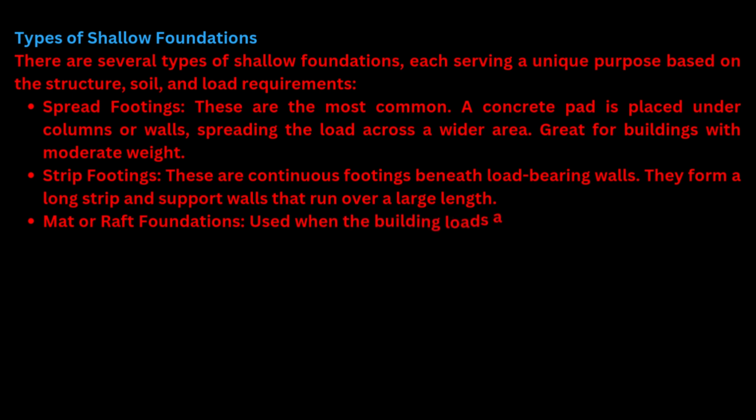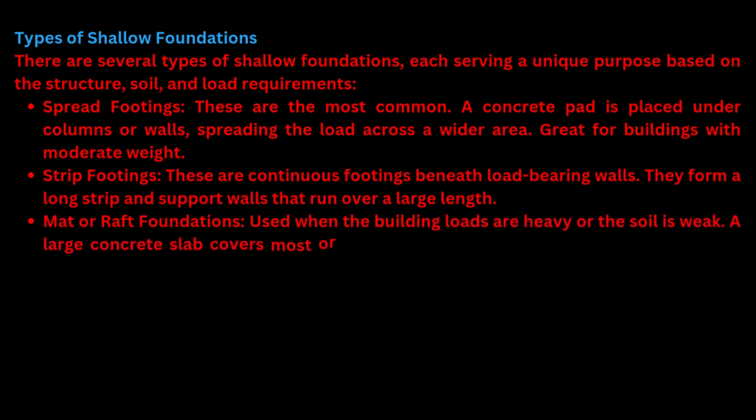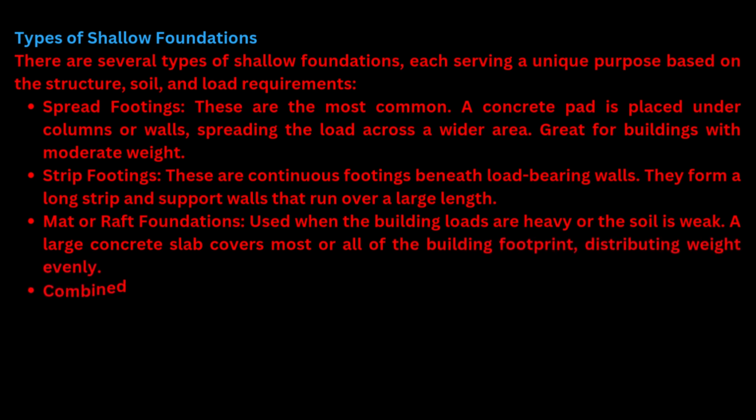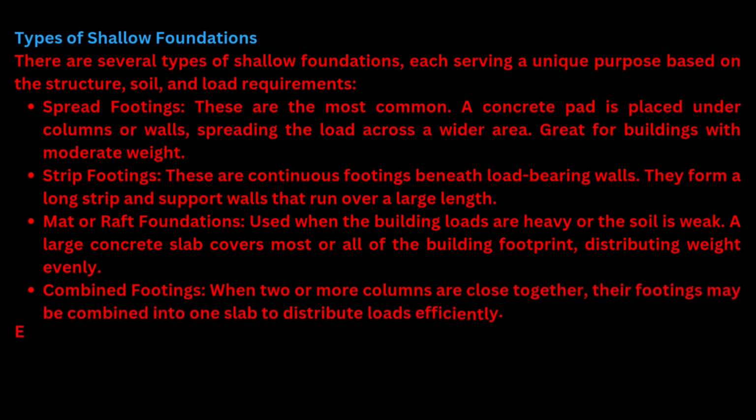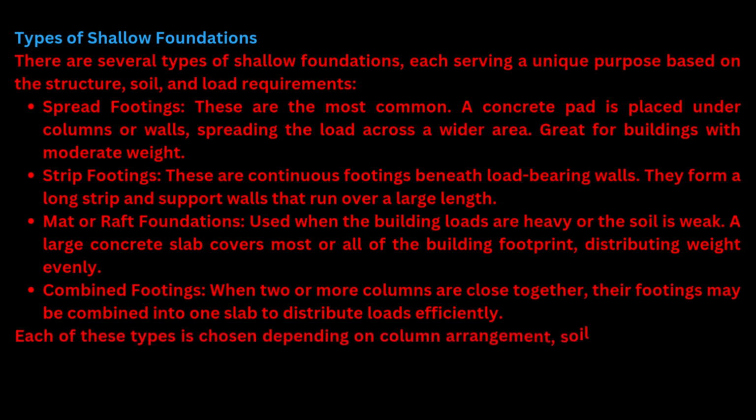Mat or raft foundations. Used when the building loads are heavy or the soil is weak. A large concrete slab covers most or all of the building footprint, distributing weight evenly. Combined footings. When two or more columns are close together, their footings may be combined into one slab to distribute loads efficiently. Each of these types is chosen depending on column arrangement, soil pressure, building loads, and project constraints.